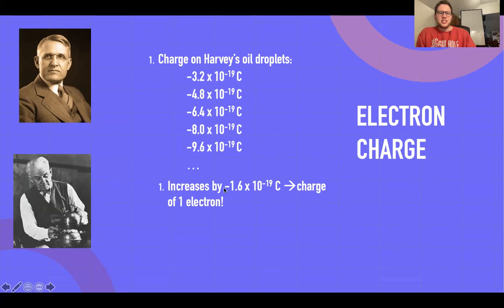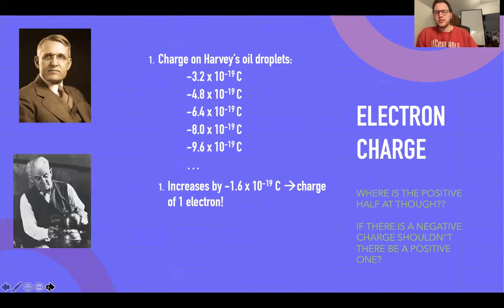And then they noticed that the charge increased by negative 1.6 times 10 to the negative 19th, which was the charge of one electron, because they noticed it went up by that amount every time the more that they put in. That means each electron added that much charge to the mix. And through that, they were able to find the size, the weight, the charge, all those things, which is awesome.